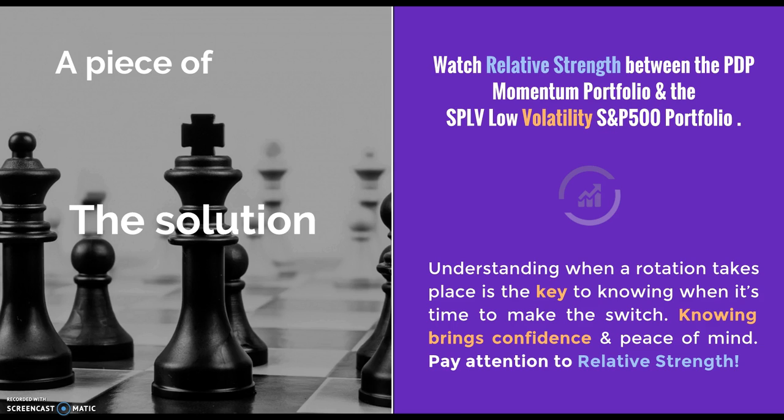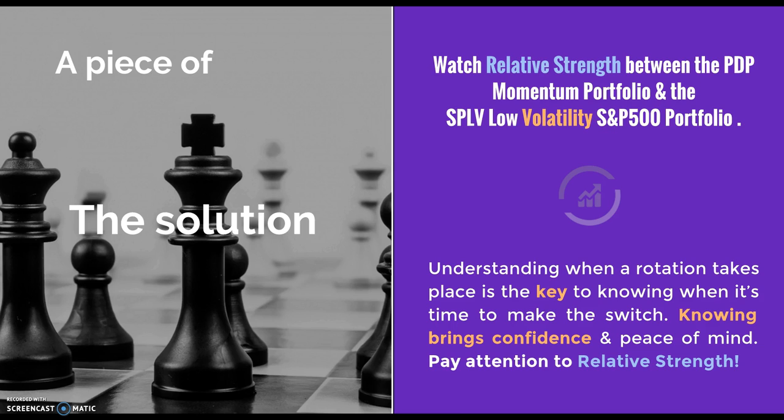So one of the things we can do is watch the price action of the PowerShares PDP, which is the high momentum portfolio, and compare it to the SPLV, low volatility, which happens to be the lowest volatility 100 stocks in the S&P 500.